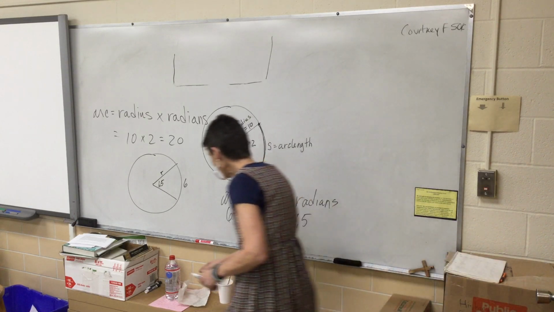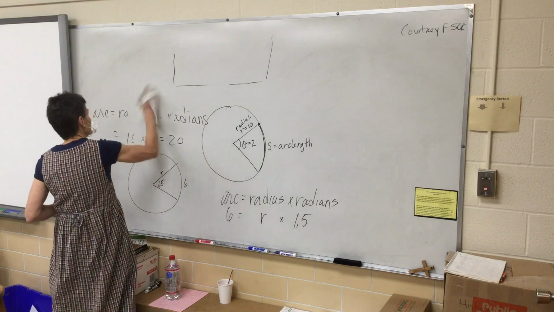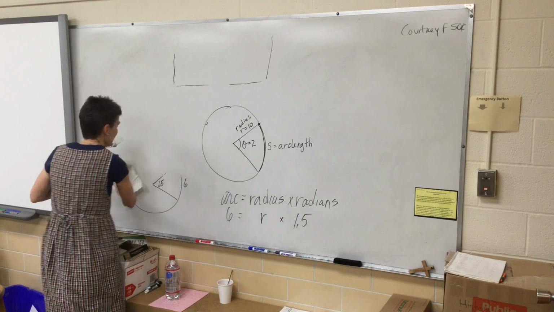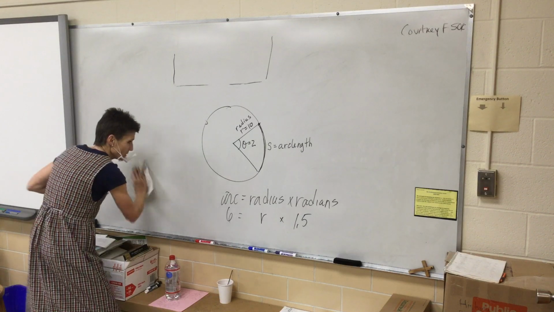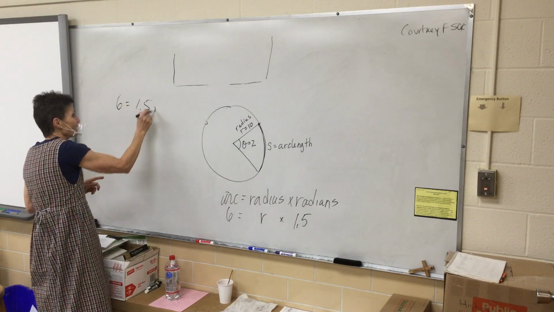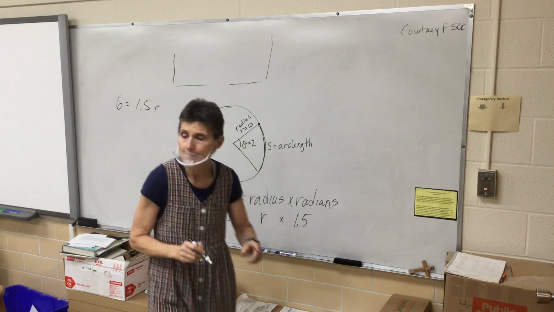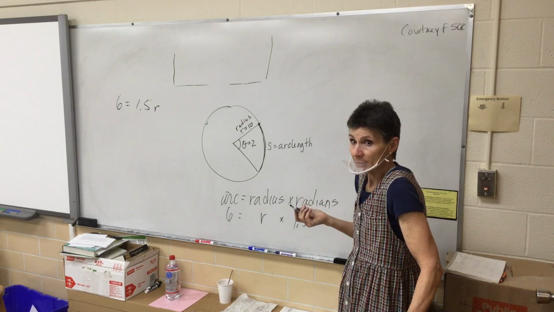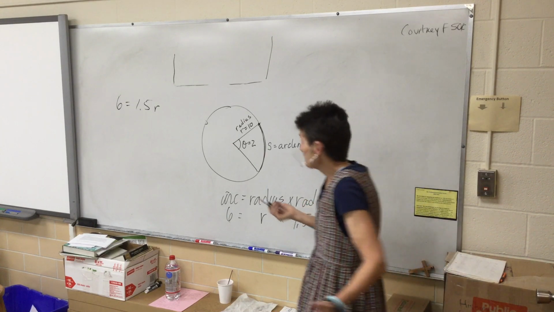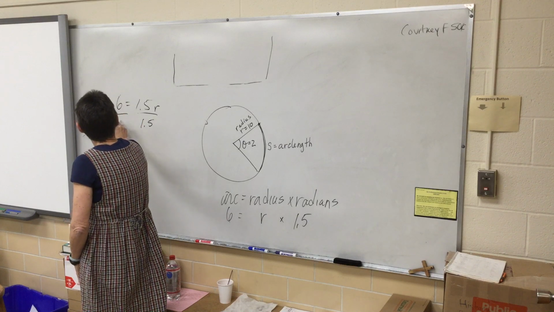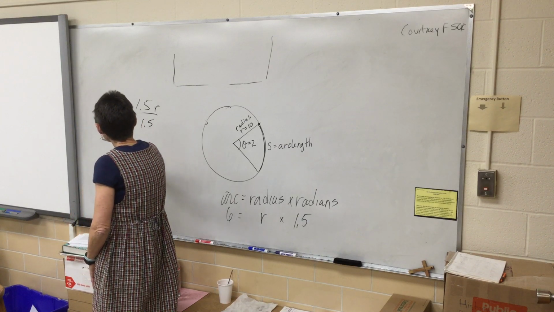So if I rewrite that equation the way it looks normally on my paper, it would say 6 equals 1.5r. And how do I solve that? Divide by 1.5. So r equals 4.